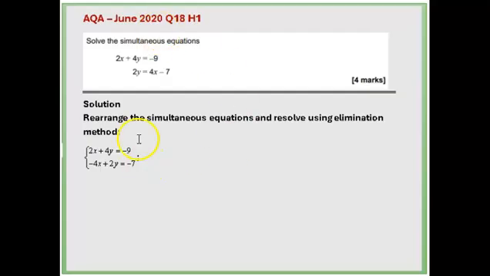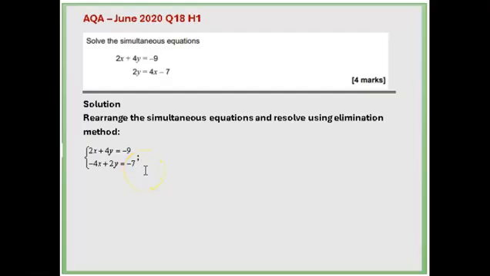Like I said, I transfer 4x from right to left, changing the sign. So the second equation becomes minus 4x plus 2.